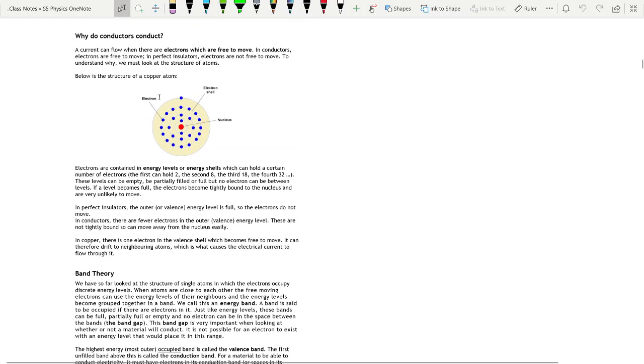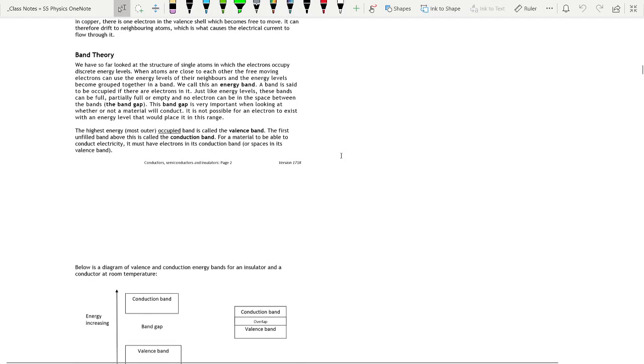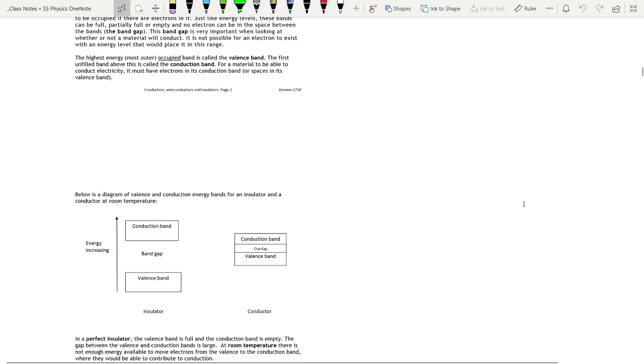The conduction band can have one or two electrons in it, but if it's full, the highest full energy level is the valence band, and the first unfilled band above this is the conduction band. For a material to be able to conduct electricity, it must have electrons in its conduction band, or spaces in its valence band so the electrons can move within the valence band.